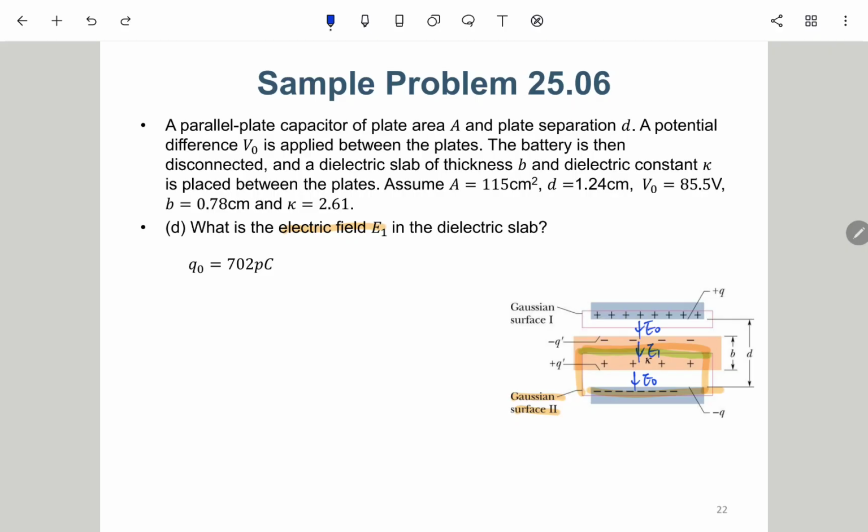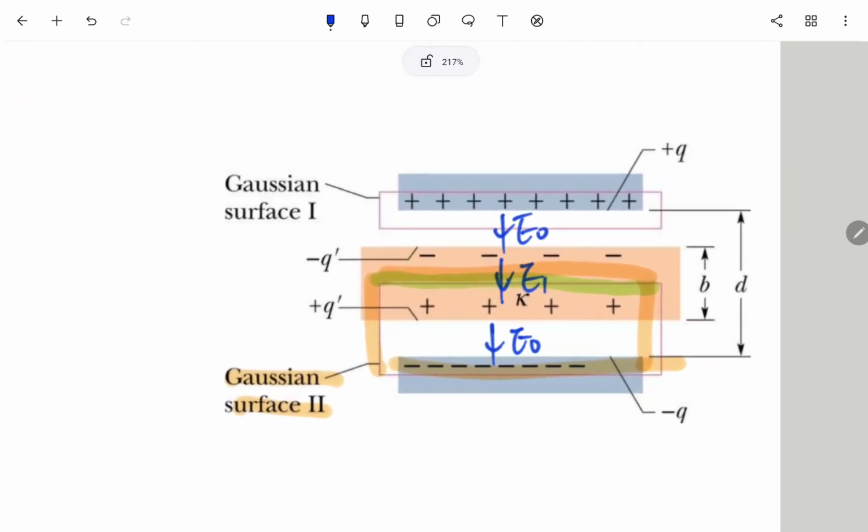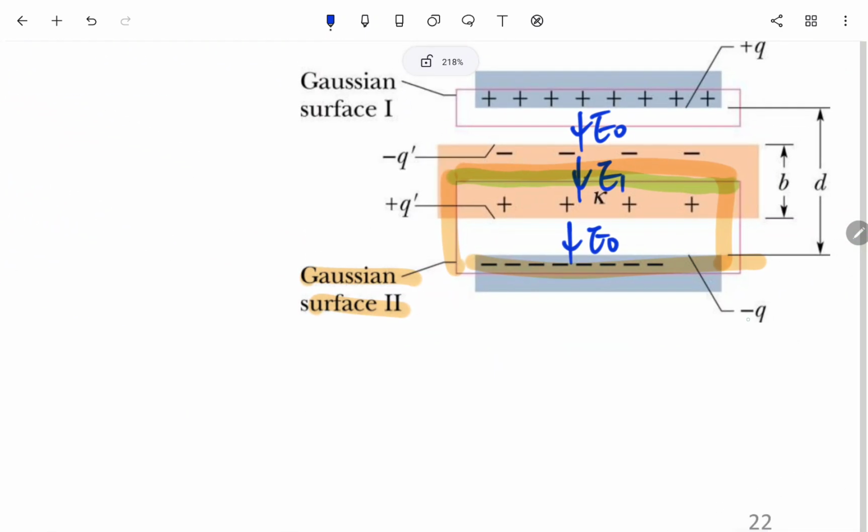For this surface, it is inside the dielectric, so we use epsilon naught integration of kappa E dA equals the enclosed charge, which is negative Q. This positive Q prime and negative Q prime don't count, because as I mentioned, if you consider kappa, you don't count the Q prime again.